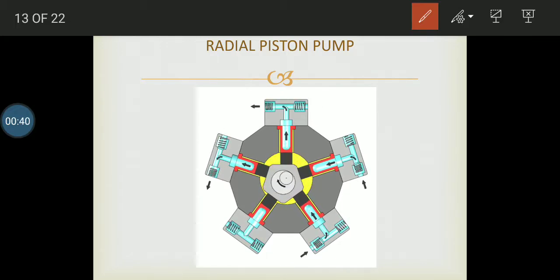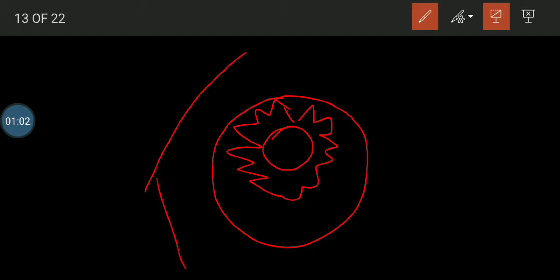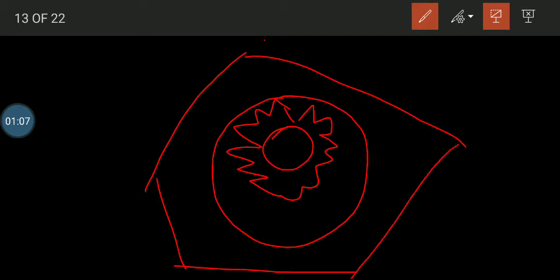of the pentagon. When the motor rotates, I will explain it in the diagram. This is a motor. It has teeth, meaning this motor has been attached to a gear, and this gear has been attached to a pentagon like this.